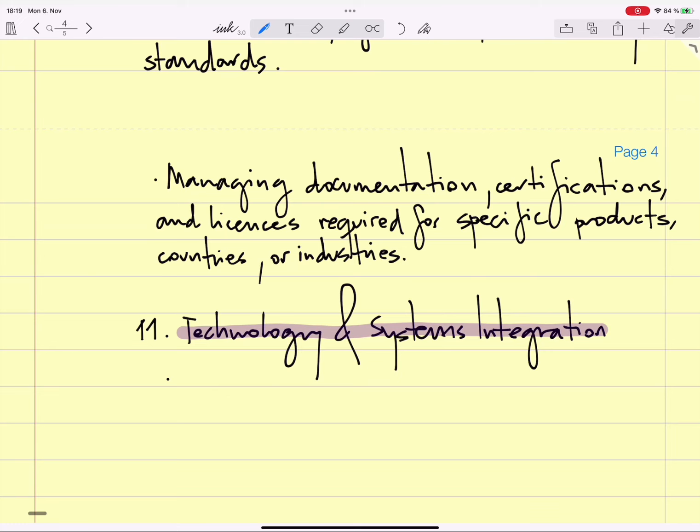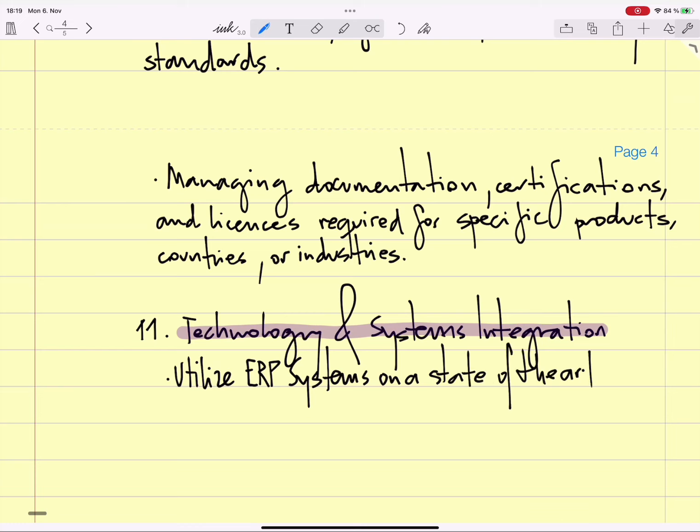So utilize ERP software, ERP systems, on a state-of-the-art basis.